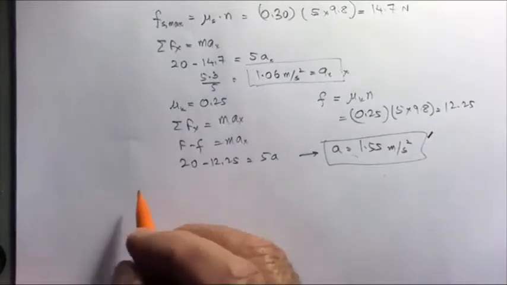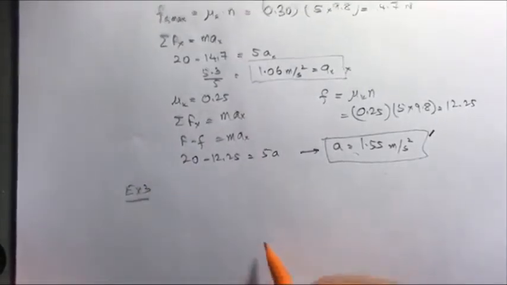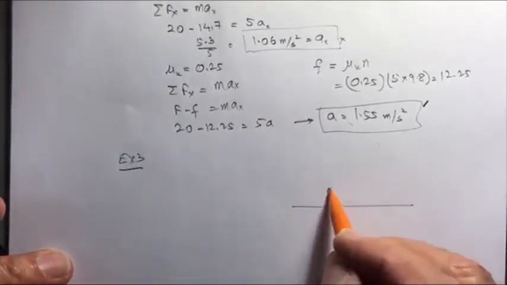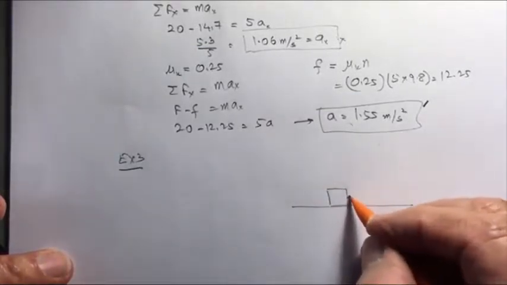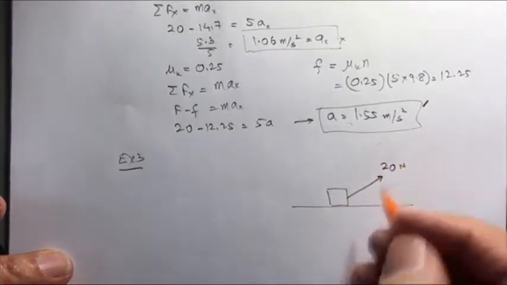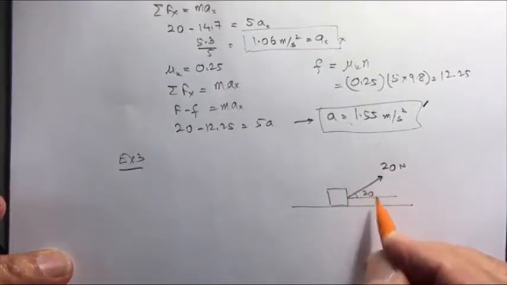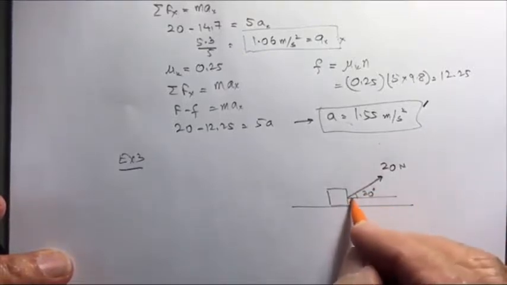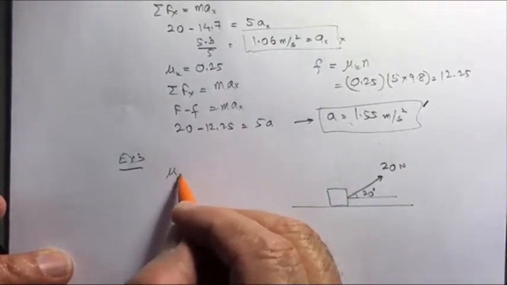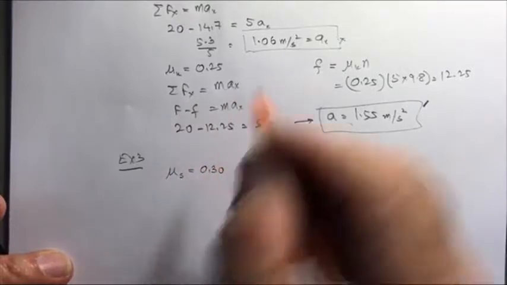Now, as another example, if the force is pulling like this, and let's just say it's still 20 newtons, and it's at an angle of 30 degrees, and we have a mu s equals 0.30, same as before.